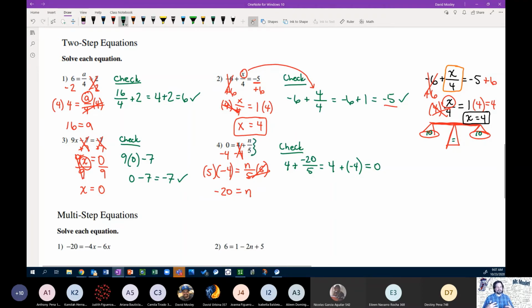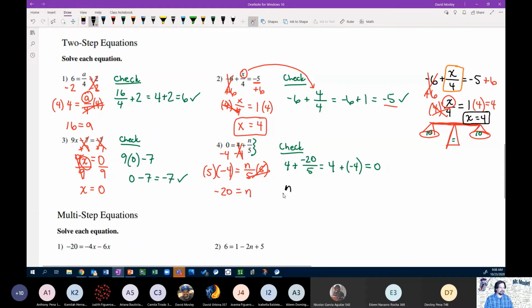Whenever you have a variable in a fraction, it's showing division. So n over 5 is n divided by 5. And to reverse division, I have to multiply by the same number that's being divided by. I'm going to show this here.